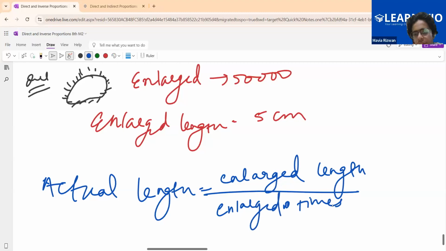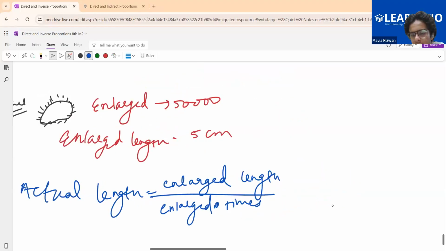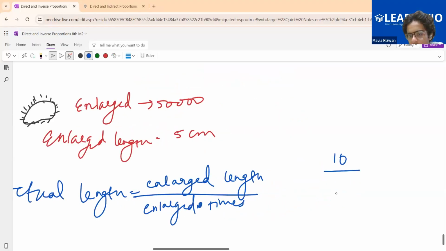Let's say the length of the pen is 10 centimeters after enlarging it 2 times. If I divide by 2, this would give me 5. That is the actual length. This is how we find it, right? So the same I'm going to do here: enlarged length divided by the number of times it has been enlarged, so we'll get the actual length.